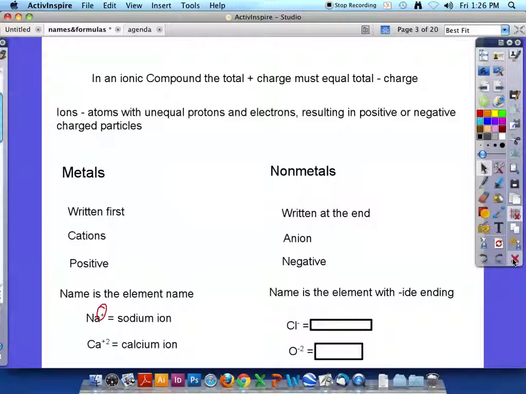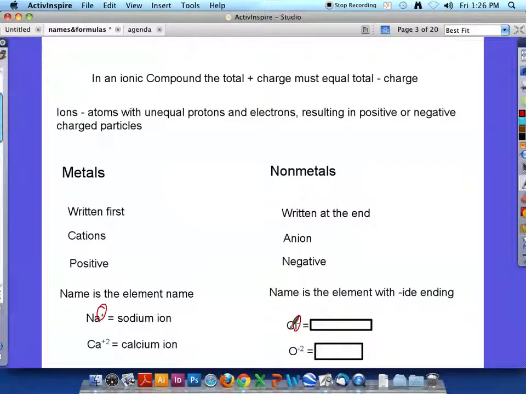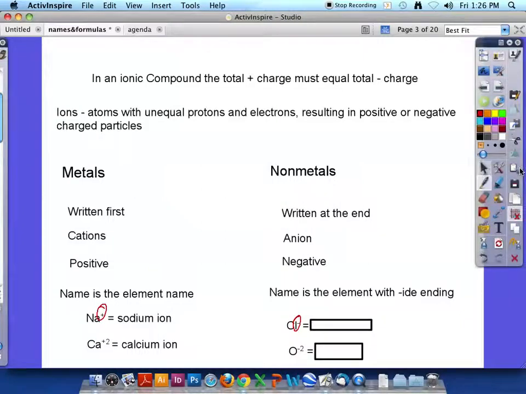To name the nonmetal ions, the name is the element name with the ending -ide. For example, chlorine, as designated here with the negative charge, becomes the chloride ion. The oxygen atom becomes the oxide ion.